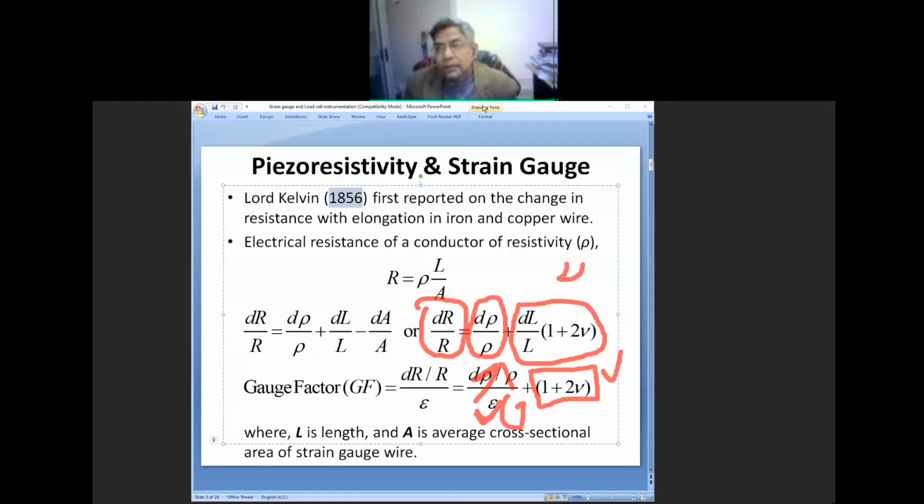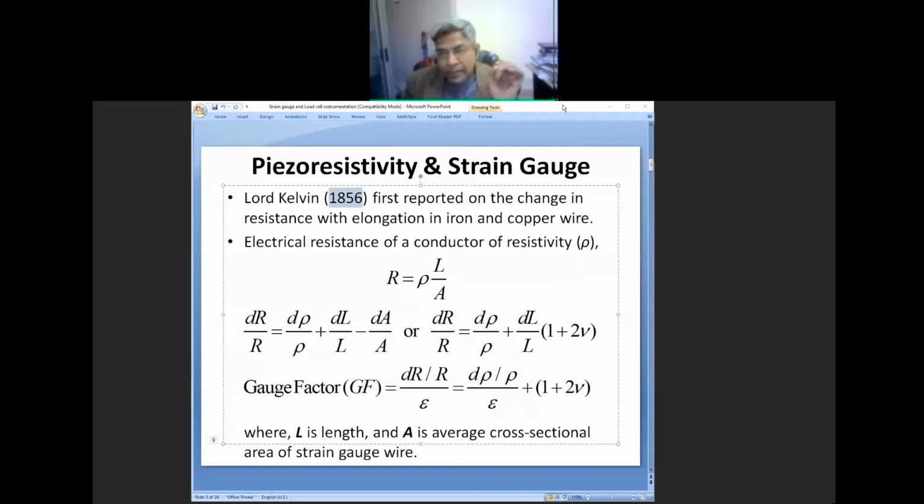Now another thing, just notice here that gauge factor GF is 1 plus 2 mu. Now can you tell me what could be the value of this term for a metal? What could be the maximum value of Poisson's ratio for a metal?